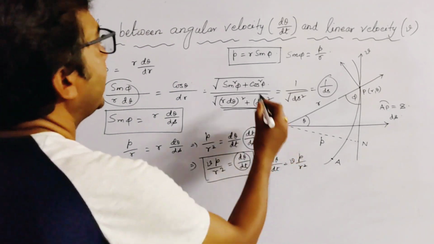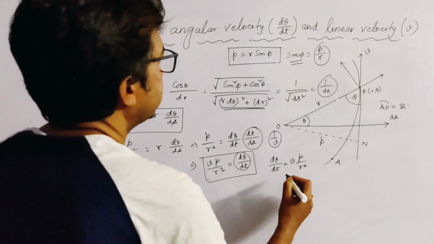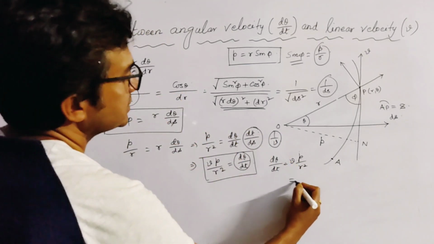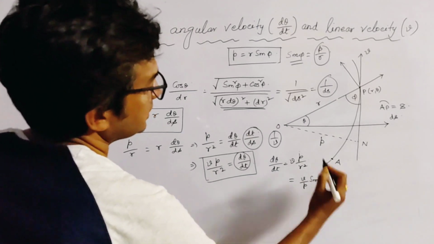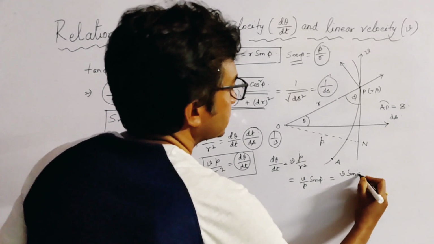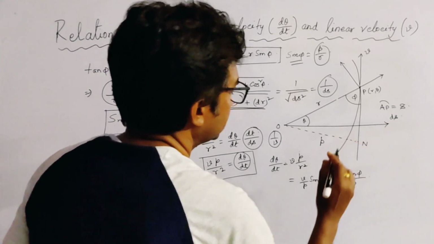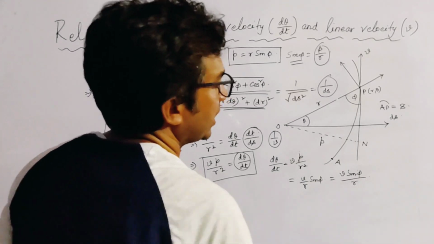Now put the value of p by r, this is sin φ. So we get dθ/dt equal to v sin φ by r. Sorry, this is not p, this is r.